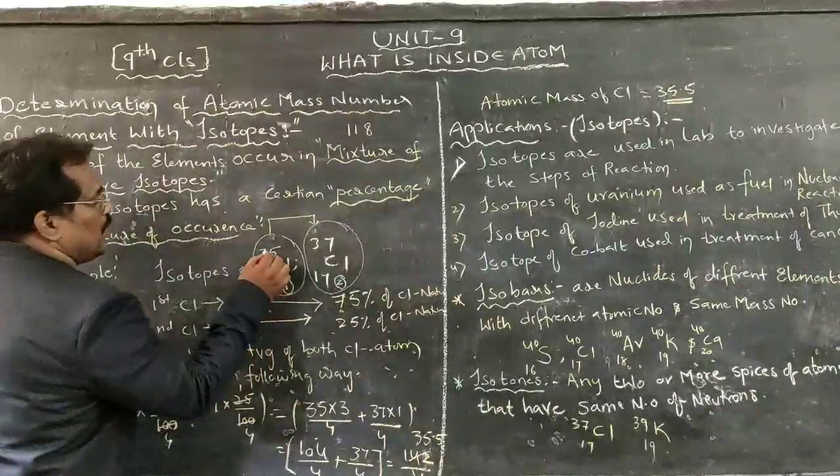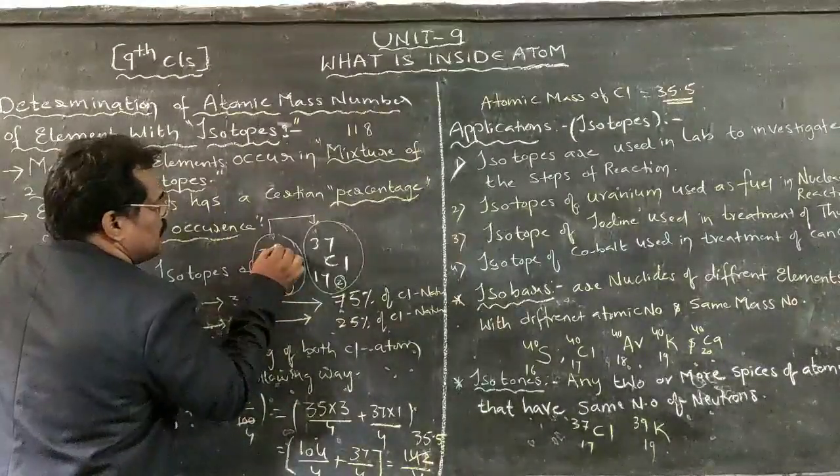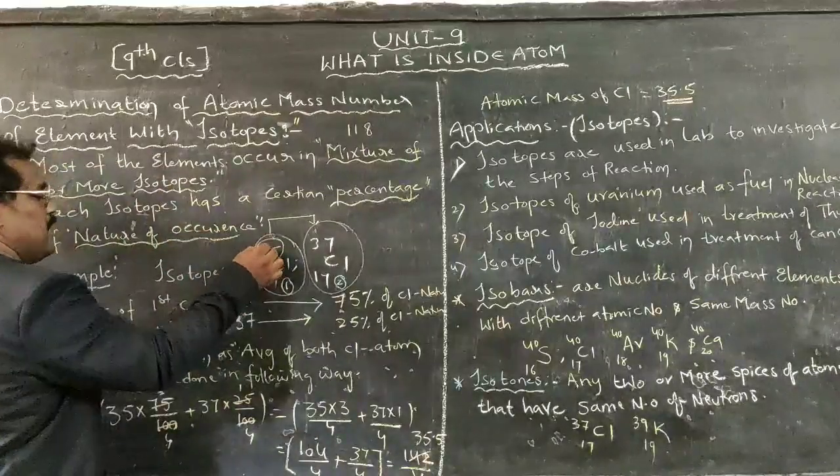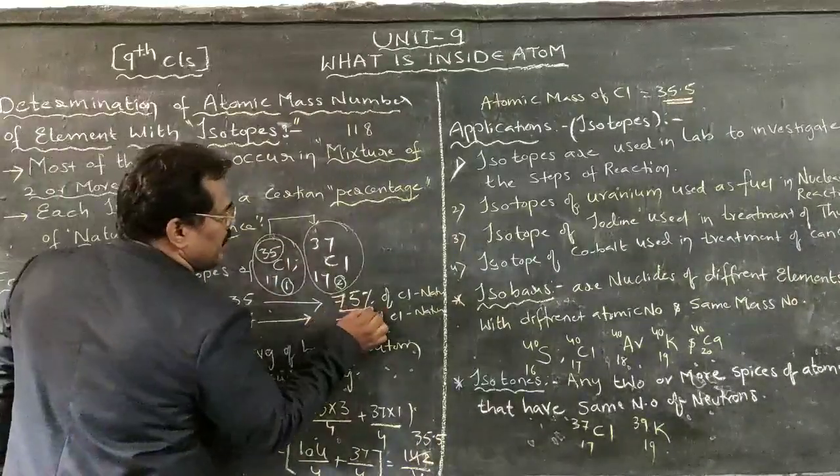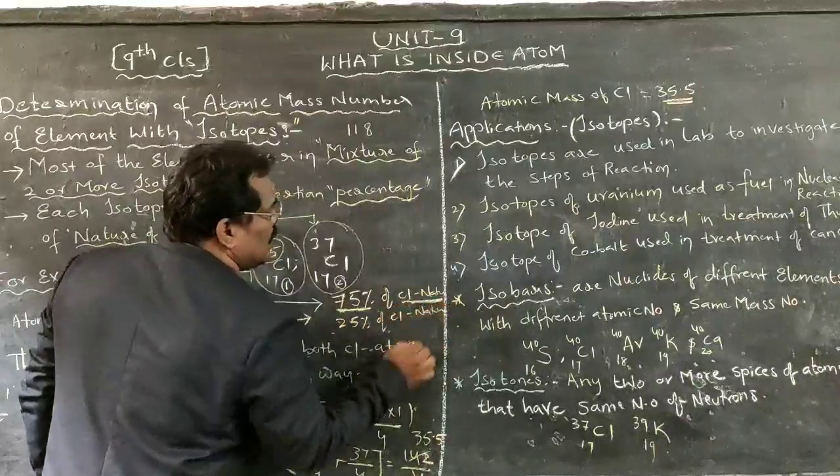If you take chlorine with atomic number 17 and mass number 35, this chlorine is 75% of chlorine in nature.